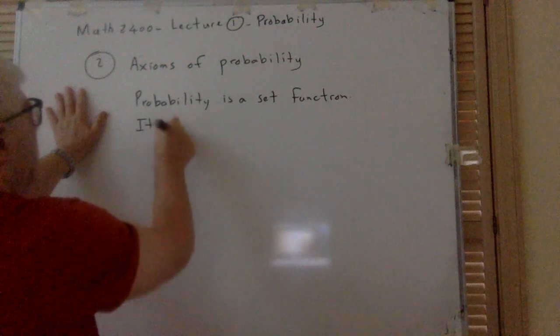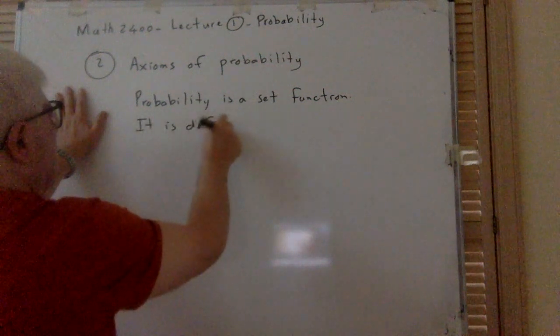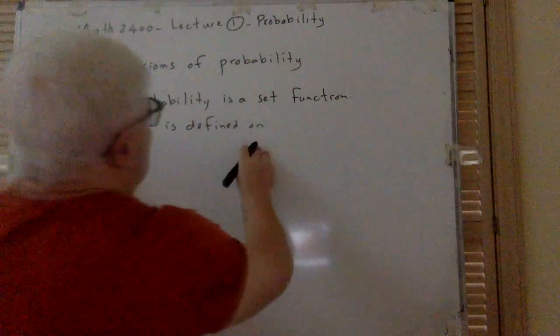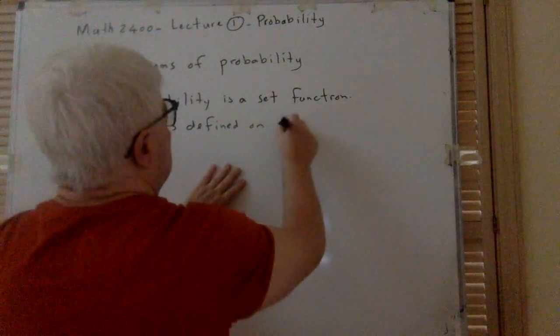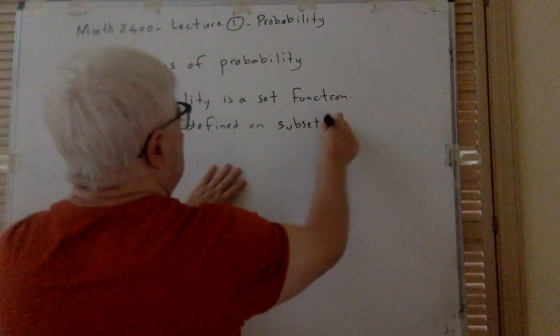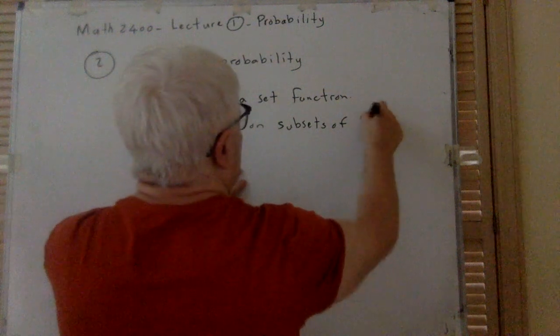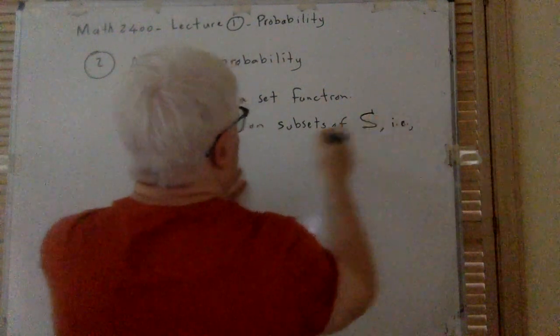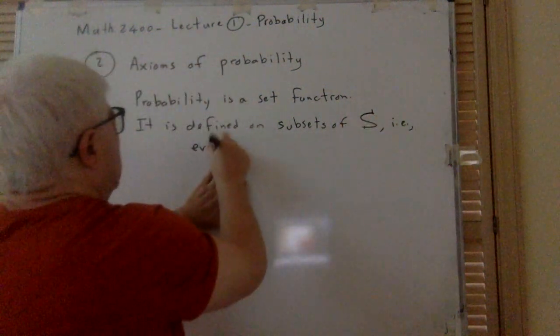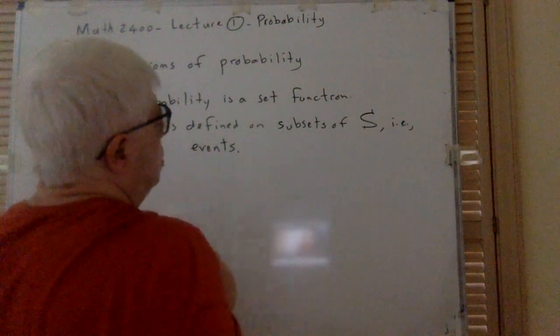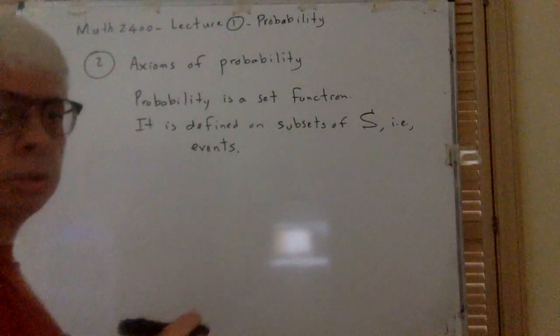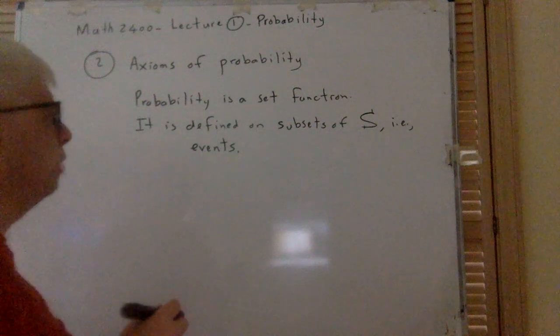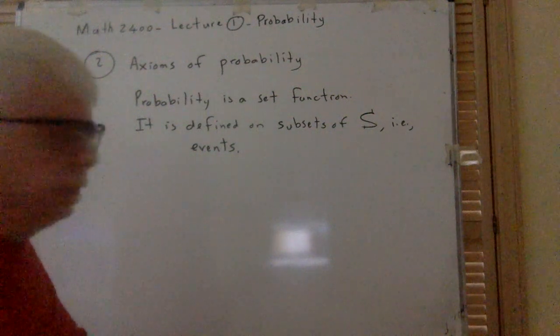It is defined on subsets of S, that is, events. But I should say some subsets, not every subset, because not every subset of S is considered an event, right?